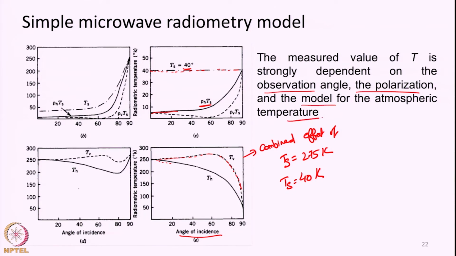Normally, when we want to disentangle or remove the effect of the atmosphere, the antenna observes a combined brightness temperature with the combined effect of surface and atmosphere. So we need to use radiative transfer models to calculate the sky or atmospheric temperature, to remove its effect and separate only the effect of Tg.